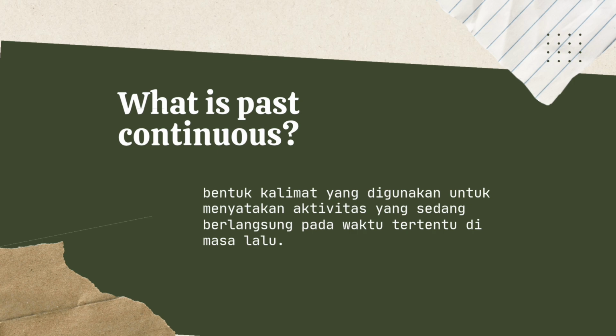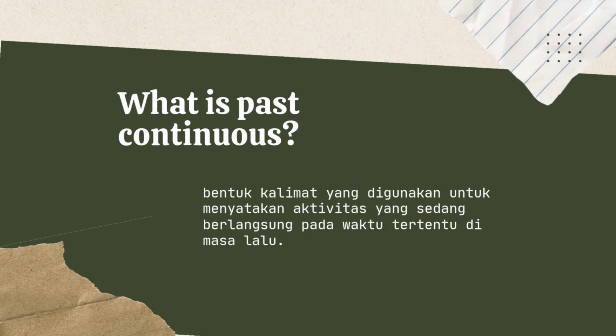Now, let's talk about the definition. Past continuous tense is a form of sentence that is used to express an activity that was happening at a specific time in the past. In Indonesian, it means bentuk kalimat yang digunakan untuk menyatakan aktivitas yang sedang berlangsung pada waktu tertentu di masa lalu.